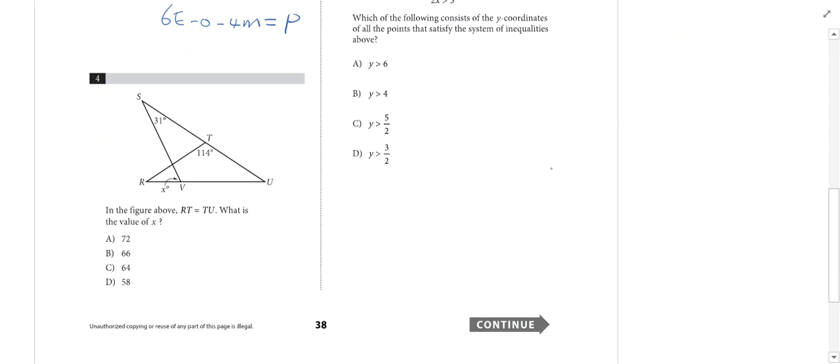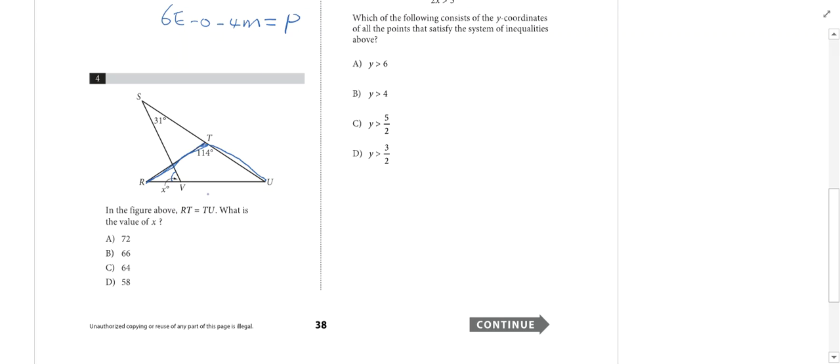Okay, the number 4, they said here, in the figure above, RT equals TU. So they gave you this here. They gave you RT is this one, and it equals TU. And what is the value of x? They're looking for this one.